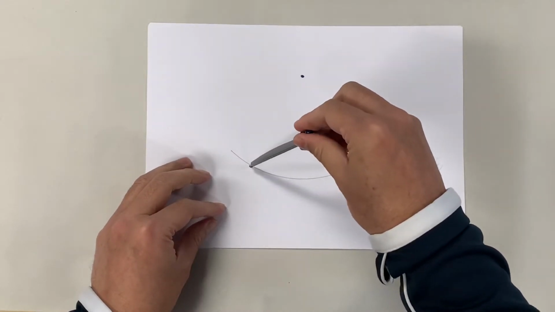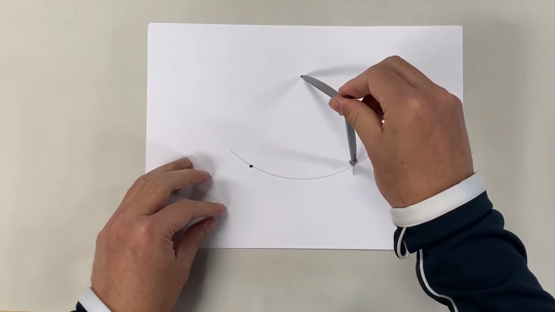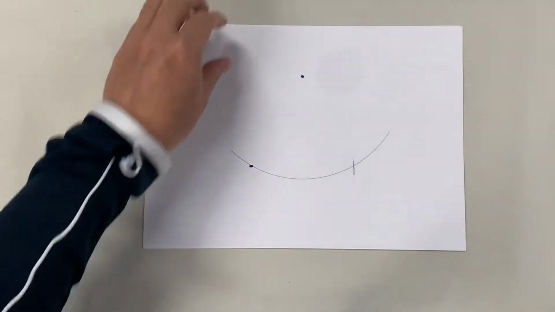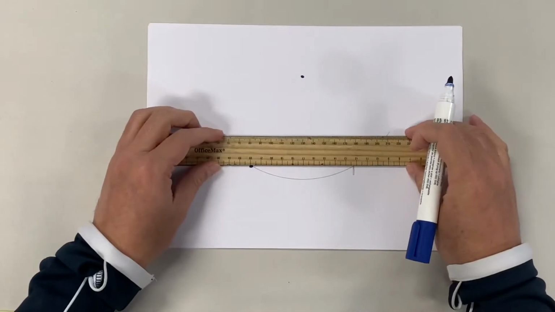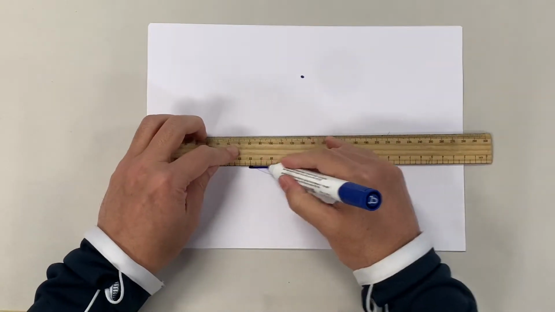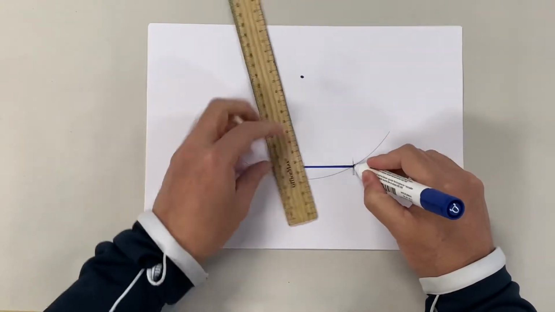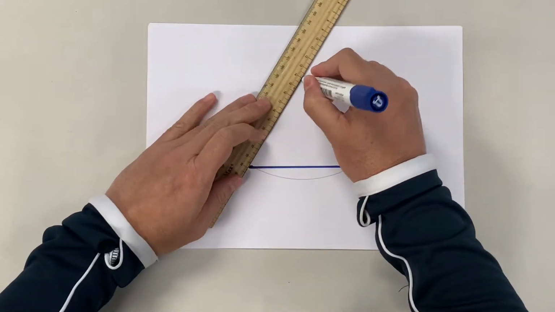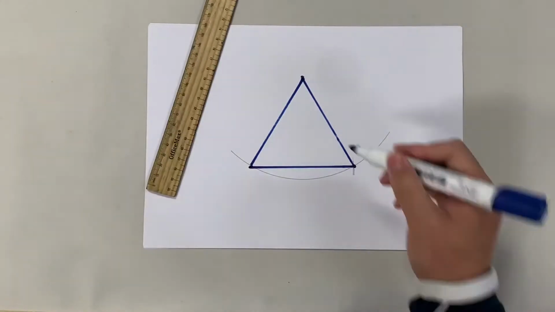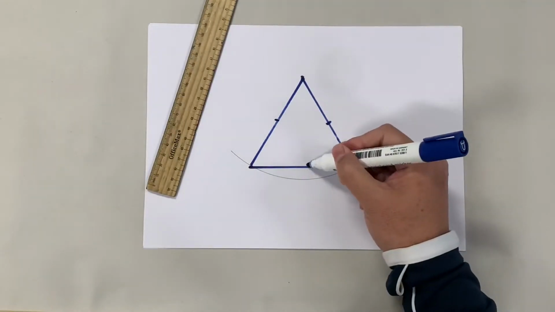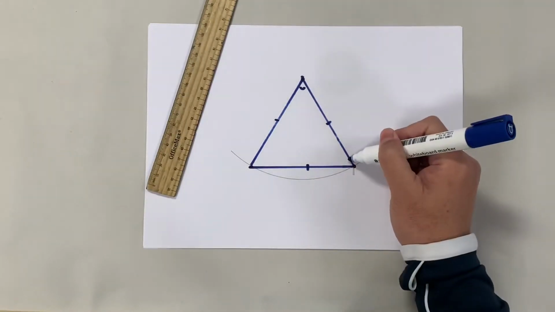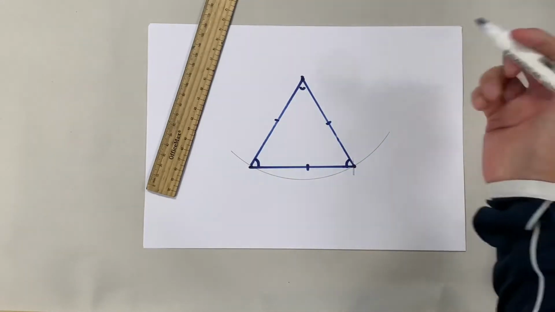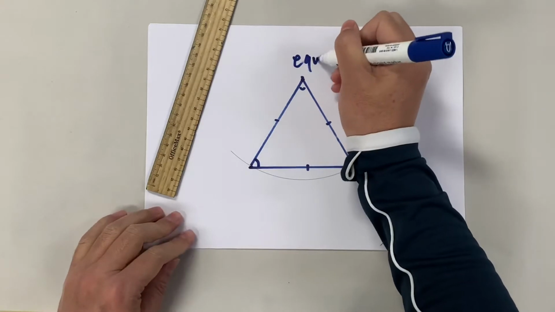So this triangle has 3 equal sides. This is a regular triangle. It has 3 equal sides and equal interior angles. We call it an equilateral triangle.